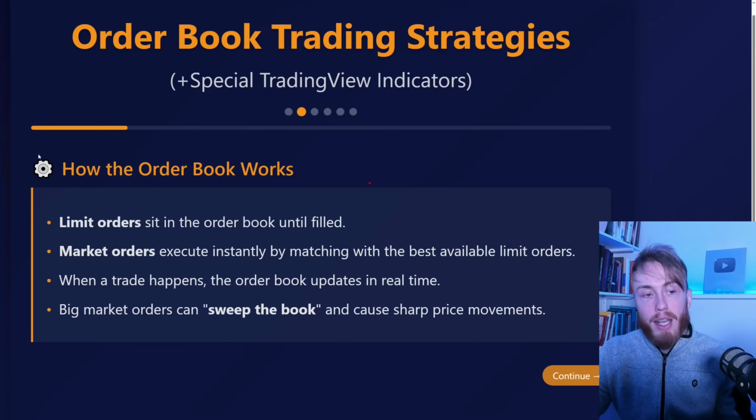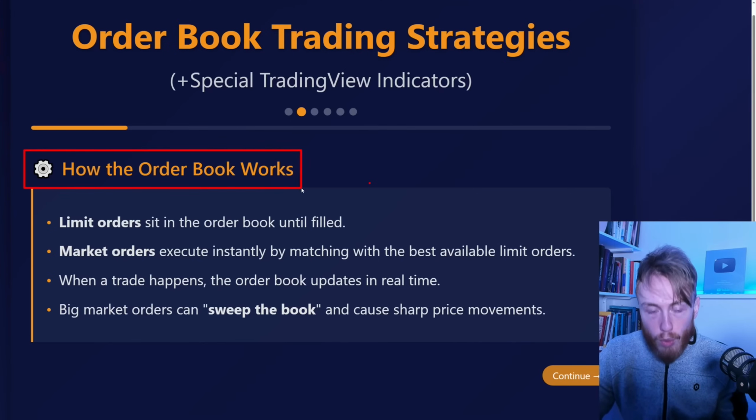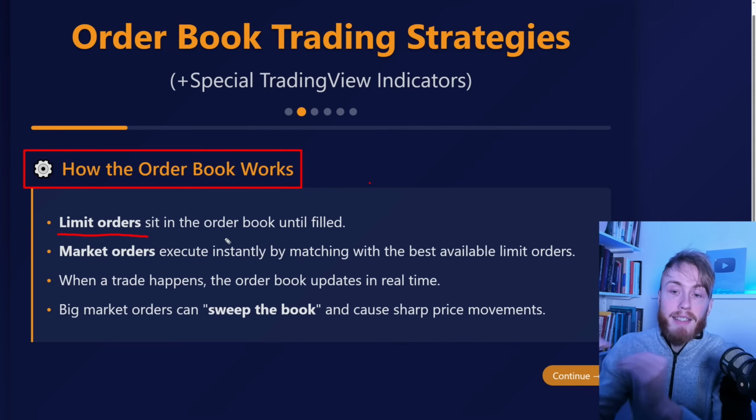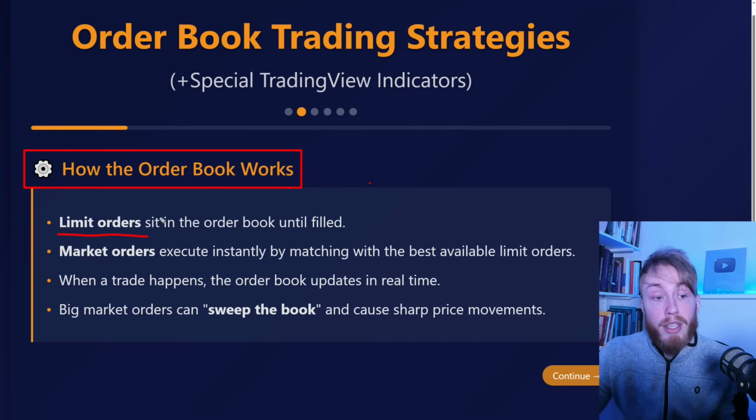But all right, so now, how does the order book work? Well, first of all, we need to understand the different kinds of orders here. First, we have the limit orders, and these are the orders that you can see and that sit in the actual order book. But you also have something called market orders.